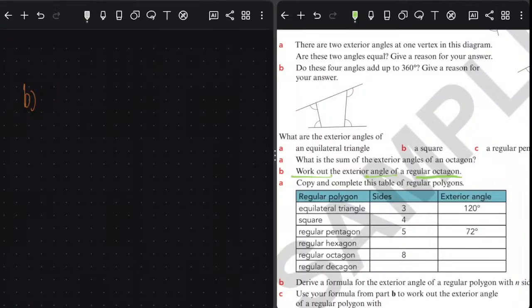What do we know here? What word have they mentioned? Tell me what we should do. For B, we're finding the exterior angles, which means the sum of exterior angles is equal to 360.